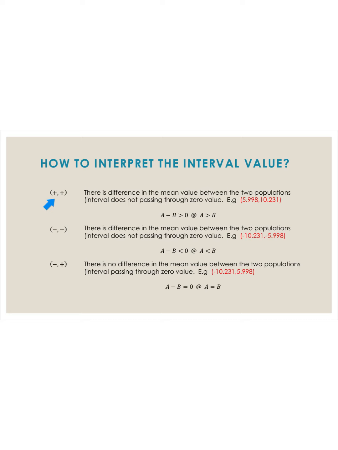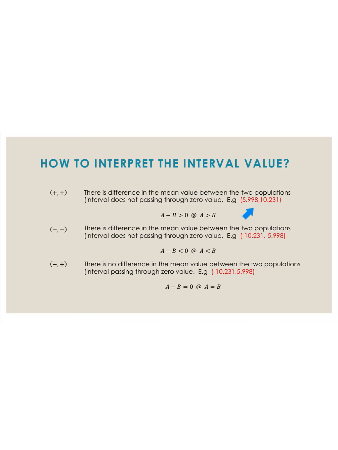Okay, so awak tengok ya, kalau awak punya interval, dia punya sign dia plus plus, maksudnya positif lah. So kita boleh kata there is difference in the mean value between the two population, since the interval does not passing the true zero value. Contoh, awak dapat value tu positif, lower limit dengan upper limit dia value dia positif.